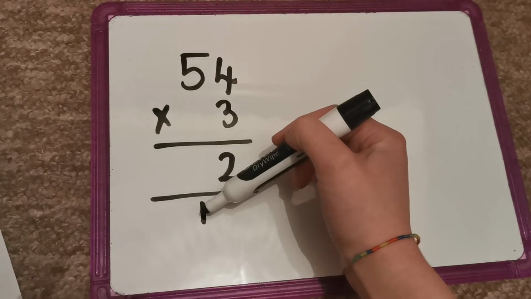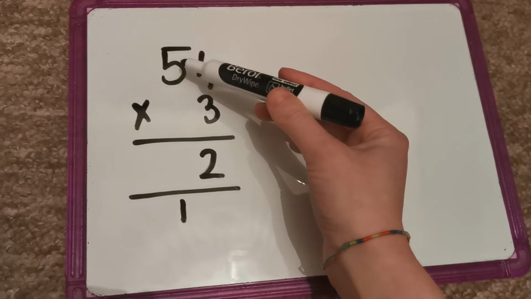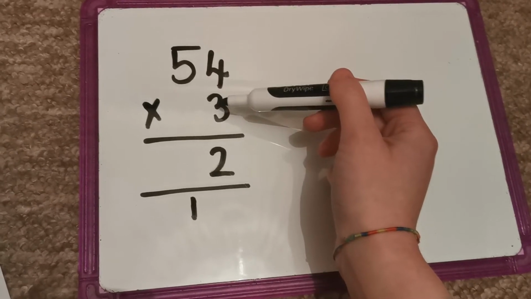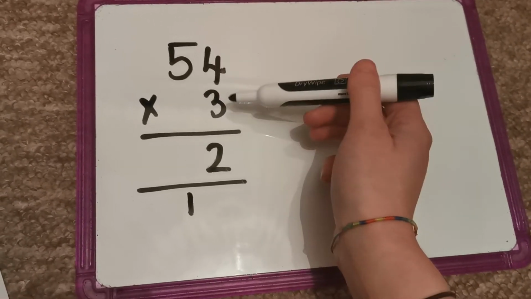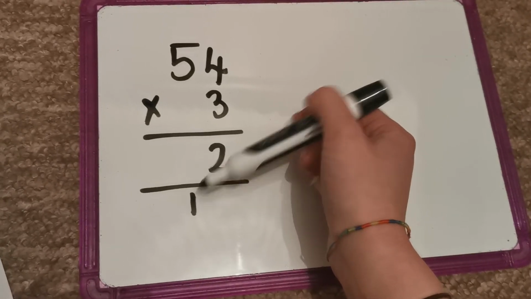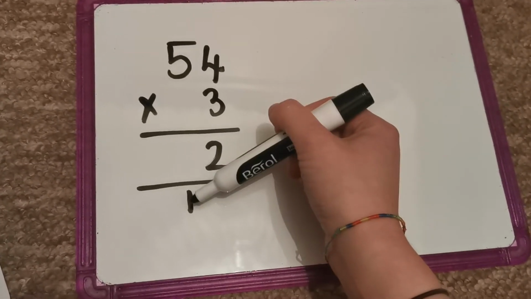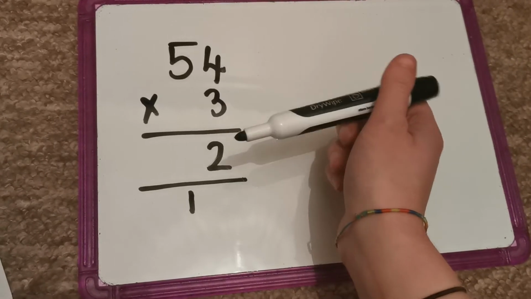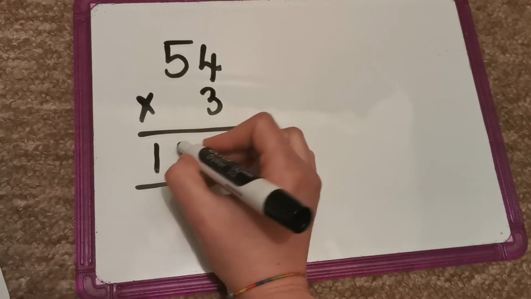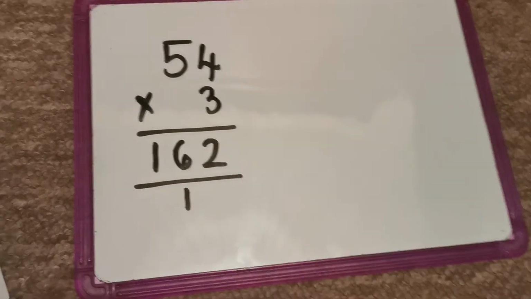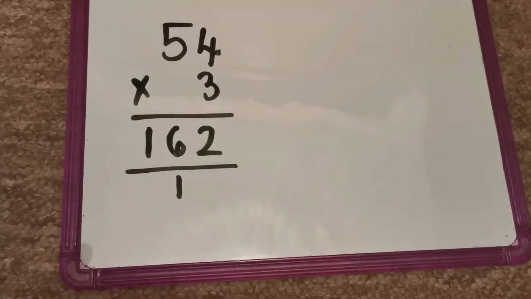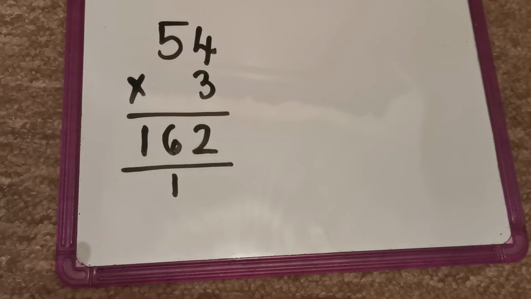So place the 1 extra ten under the tens column. Then if I know that 5 times 3 is 15, then I know that 50 times 3 is 150, plus the extra 10, that is 160, which is the same as 16 tens. So 54 multiplied by 3 is 162.